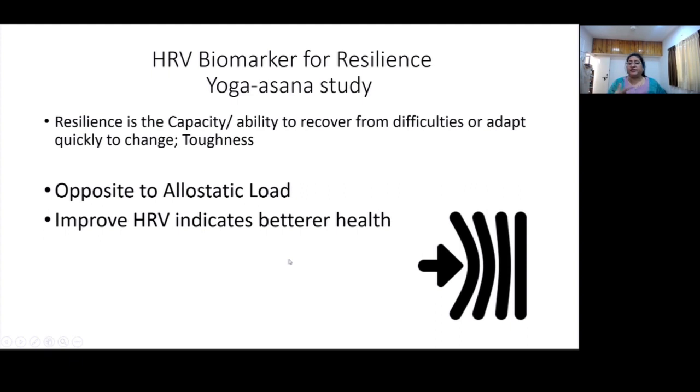Improved HRV indicates better health and resilience. So HRV is a very good marker both to detect the allostatic load as well as a prognostic marker, so we can use it to see whether there is an improvement in resilience or improvement in health.